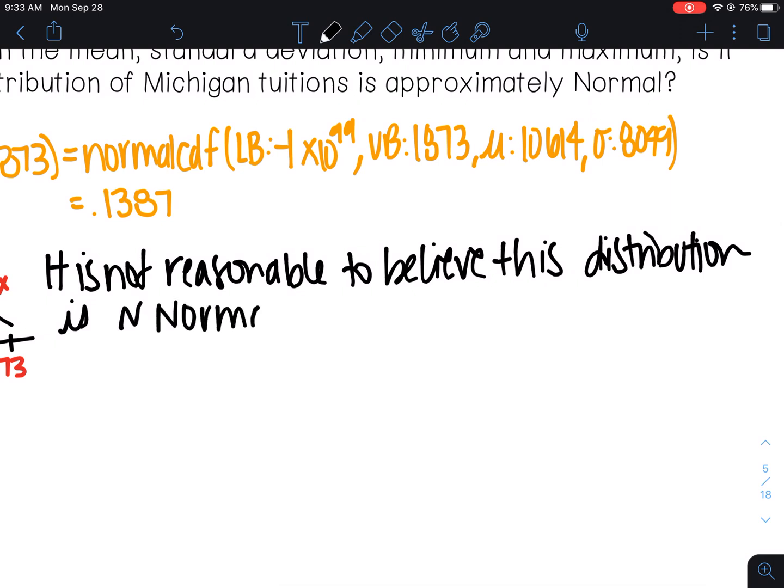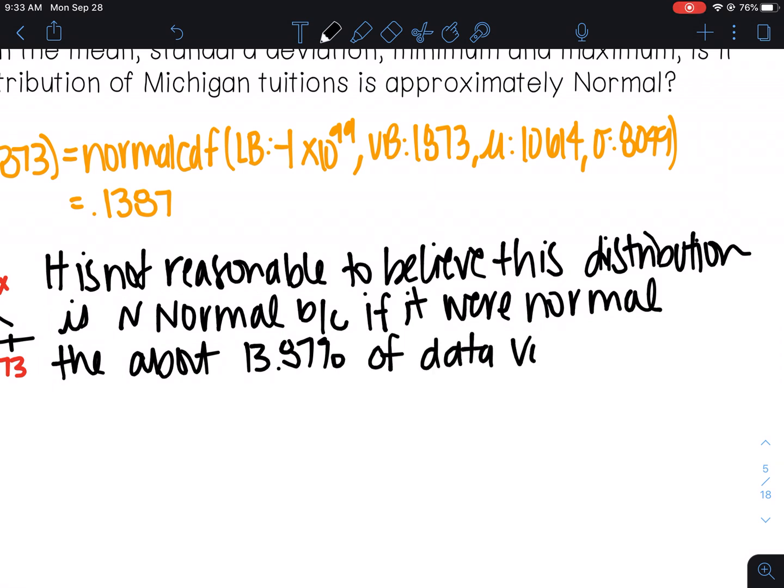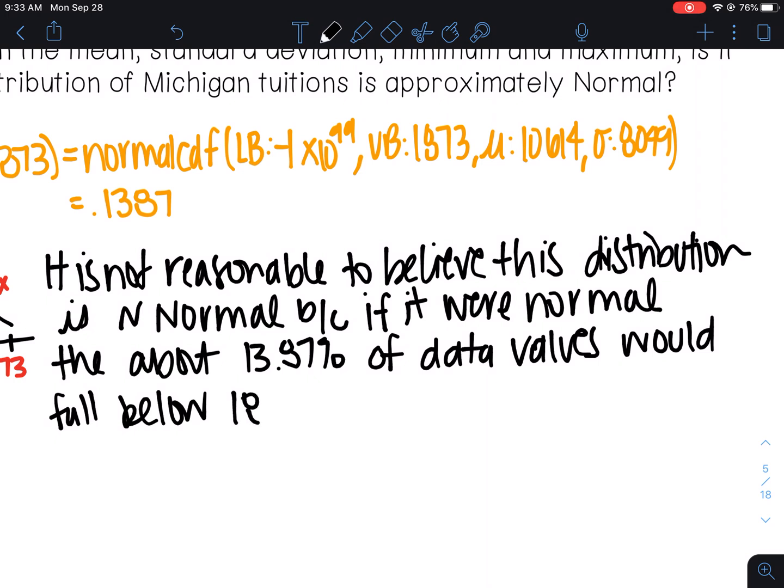That squiggly means approximately, because if it were normal, then about 13.87% of data values would fall below, I'm assuming it's dollars, $1,873.